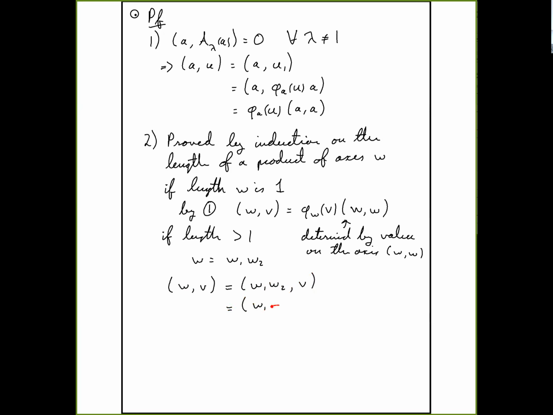And now I can move this over to the other side. And now this is a product whose length is strictly smaller than W here. W1 and W2 cannot be the identity if we have an identity in our algebra. They have to have length at least 1 or more. And so W1 has strictly smaller length.